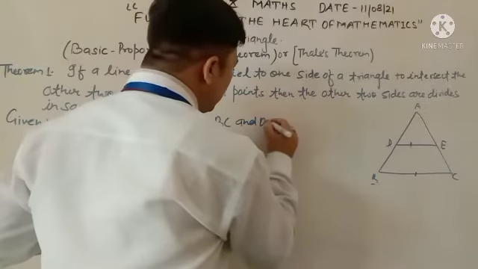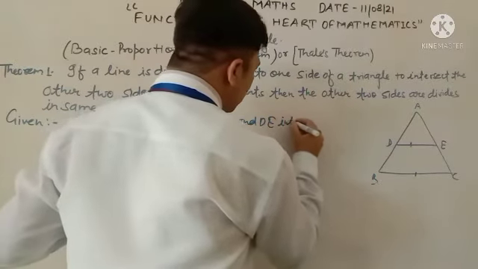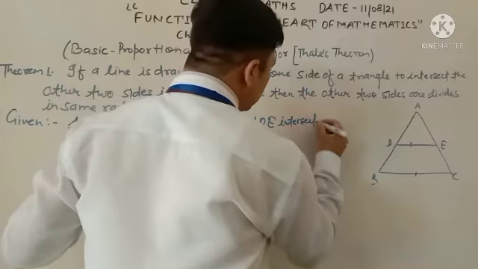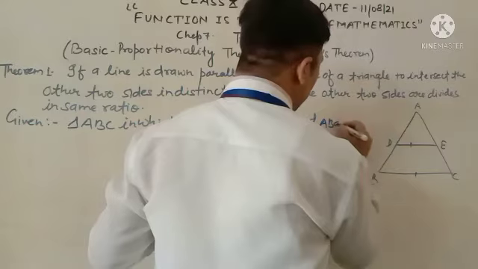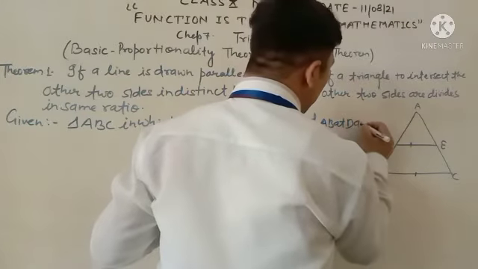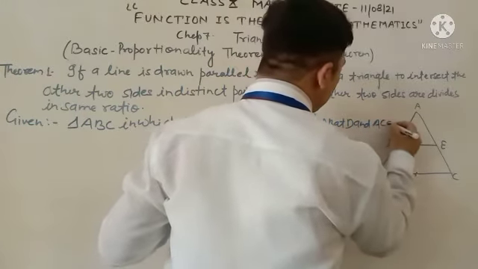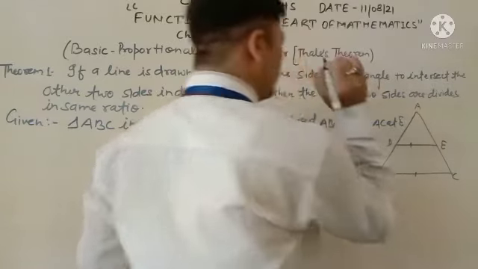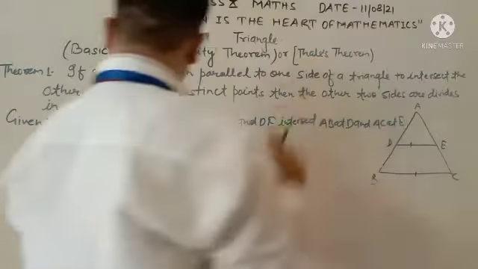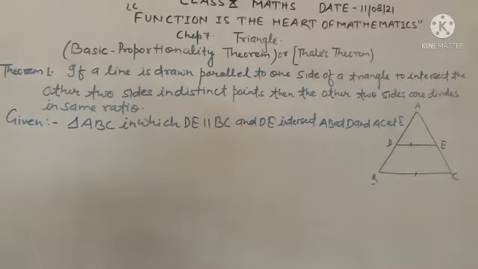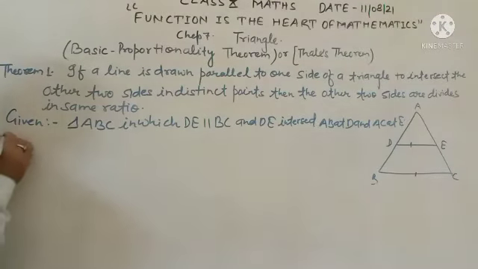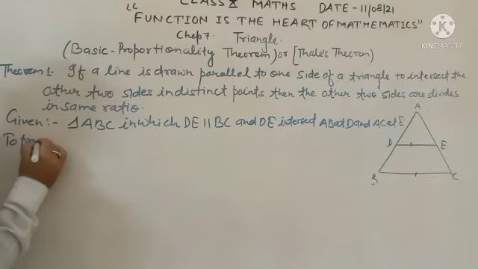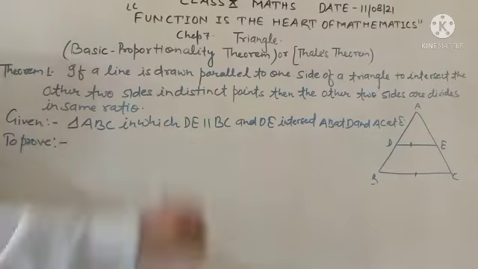It is given that DE is parallel to BC and DE intersects AB at D and AC at E. Now, what you have to prove?